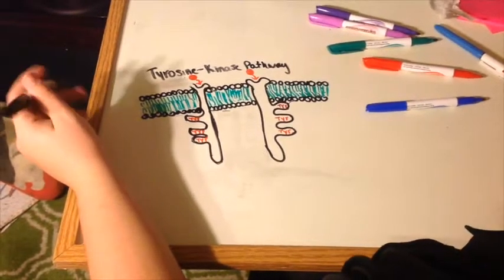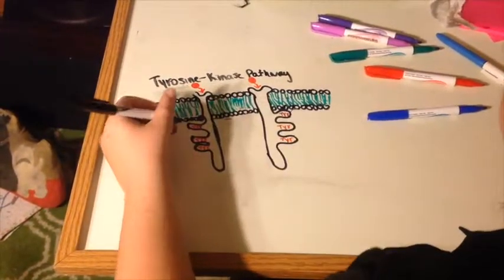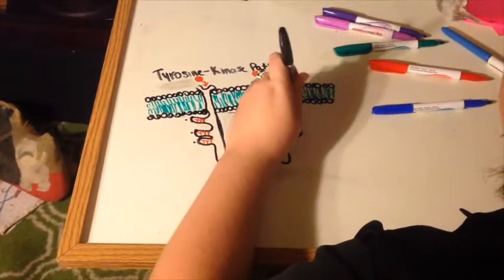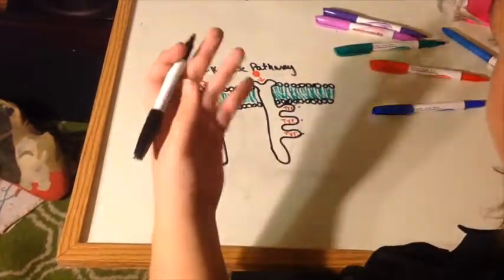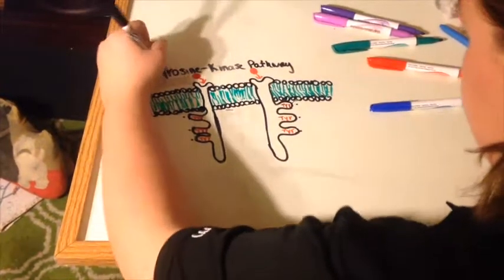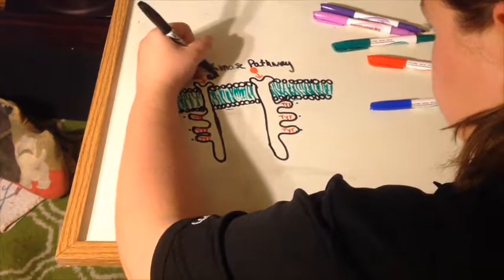This process can activate many relay proteins at once, and this is because each one of these little tyrosines right here is its own separate unit, its own separate monomer. And so let's say this time the ligand is a growth factor. Let me just write growth factor right here.